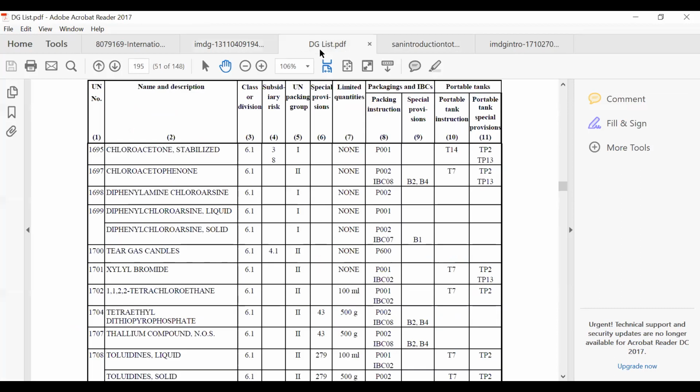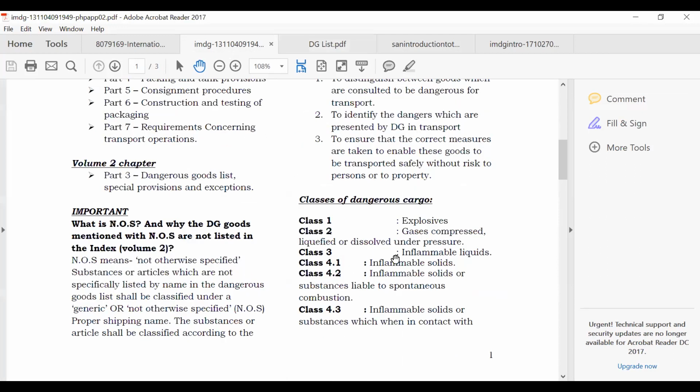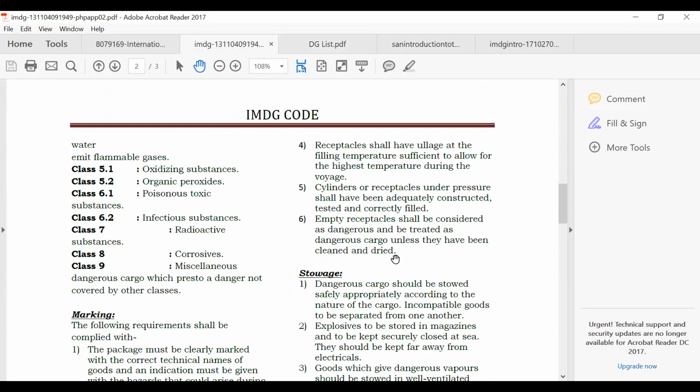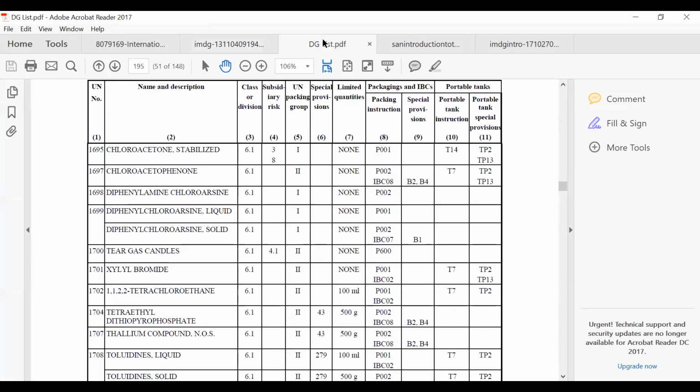So they can have poisonous toxic substances, inflammable liquids, and guess what again? Then they can still have class 8, corrosive. So what we're looking at here is one DG good having 3 classes.